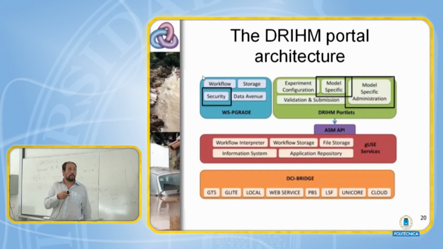On Thursday, we will also analyze a little bit the model-specific administration, so the ability to create new model instances, so models that are calibrated to be executed on a particular domain.